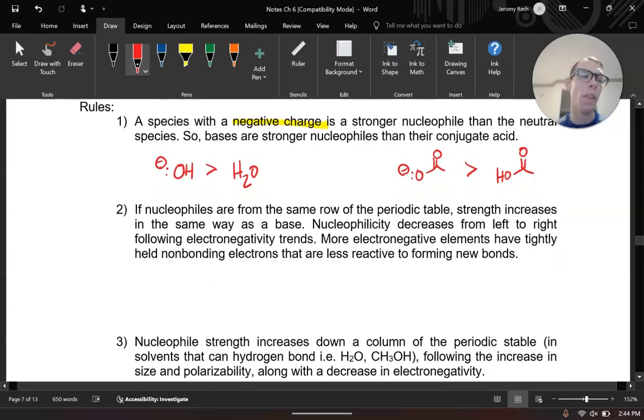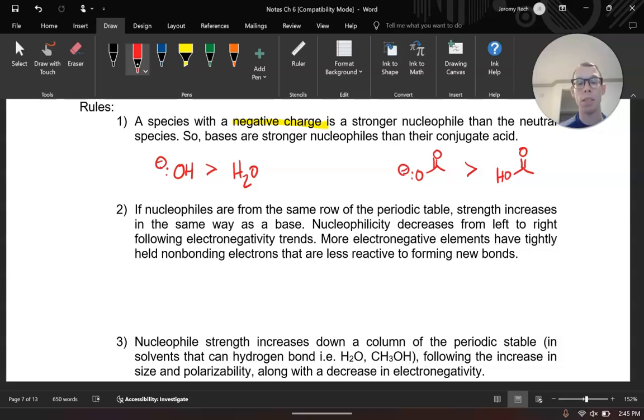Now, one thing that we'll do a decent amount, and I think you've already seen a little bit in our last class, is comparisons and thinking about the relative rates between multiple different reactions where you just change one component. If you're comparing based on your nucleophile, if you are in the exact same row of the periodic table, your strength is going to increase in the same way as a base. So nucleophilicity is going to decrease from left to right, following your trends in electronegativity. Less electronegative equals stronger.